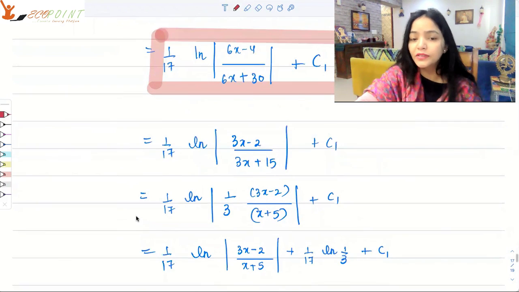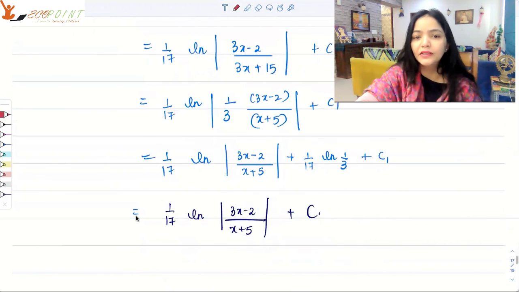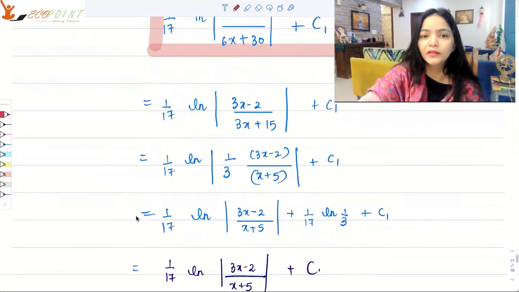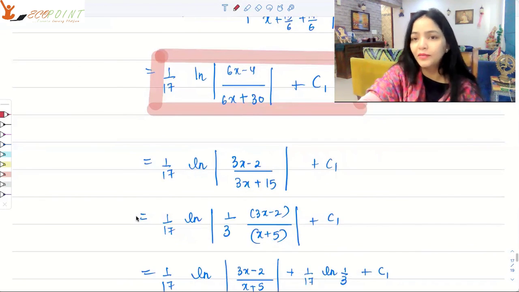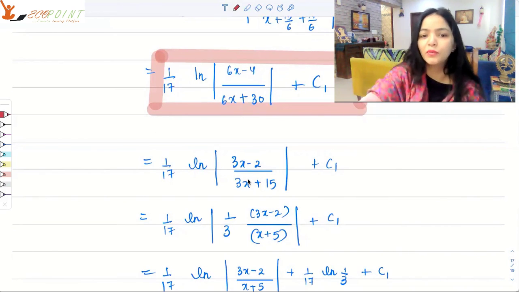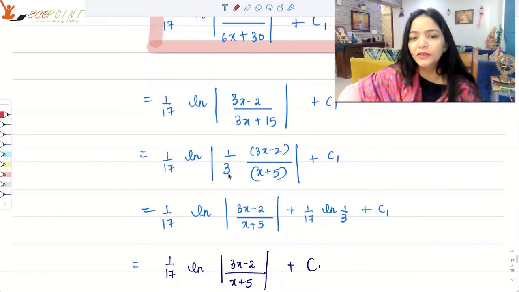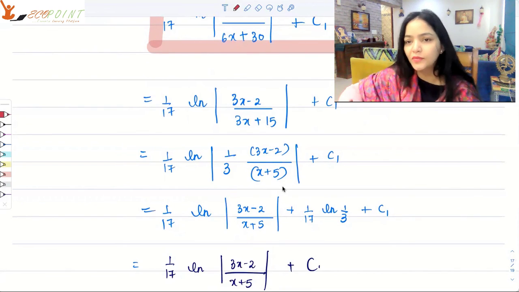You can even further simplify as I've done here. You can simplify because you had some common factor, you could divide by 2. So dividing by 2 throughout, you will get 3x minus 2 upon 3x plus 15. And then I've taken 3 common here, because in log, when you have a product, it becomes just a plus.